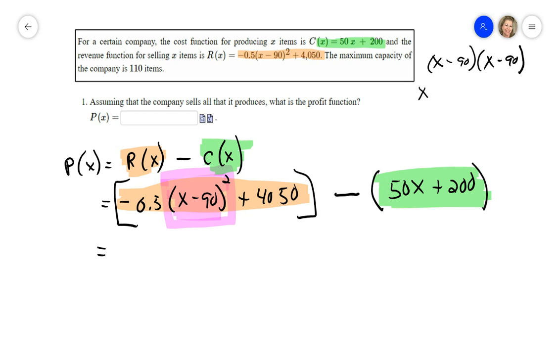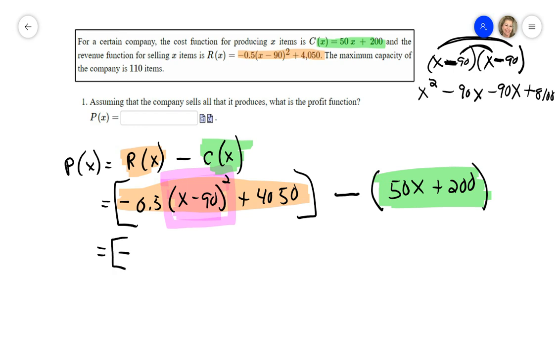So first times first, x squared. Outside is negative 90x. Inside is another negative 90x. And last times last is a positive because it's a negative times a negative, and 90 times 90 is 8100.